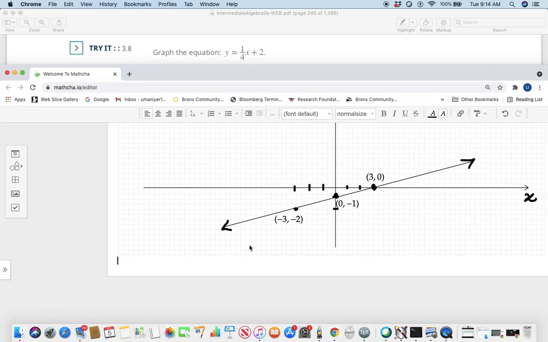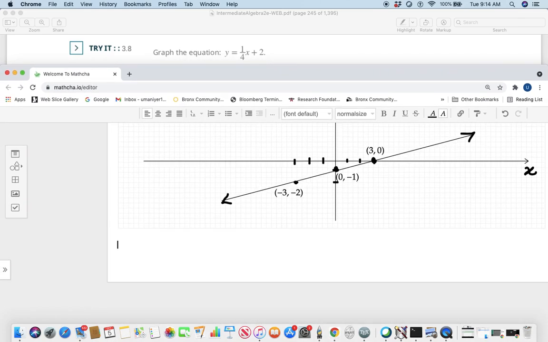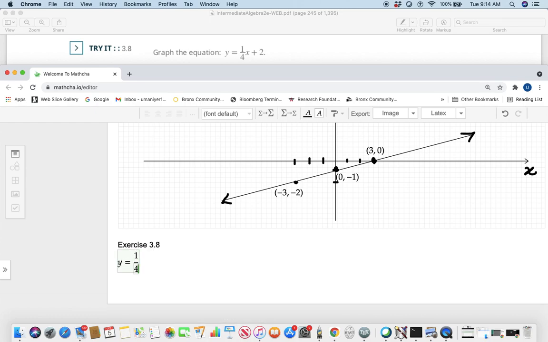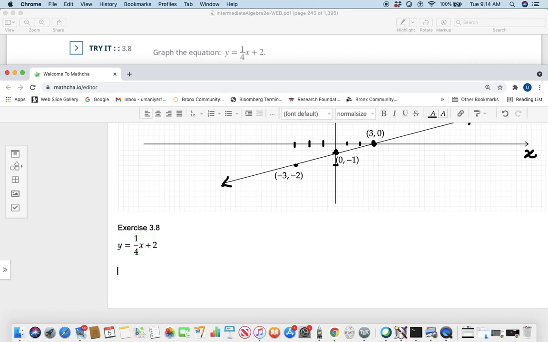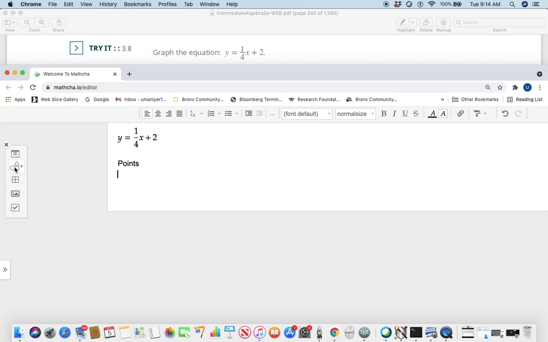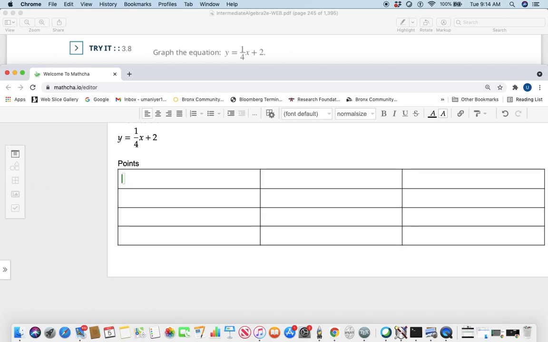y equals 1/4 x. So this is exercise 3.8. Y equals 1/4 x plus 2. Okay, so we'll plot a few points. To plot a few points, we need a table. X coordinate, y coordinate, and points.